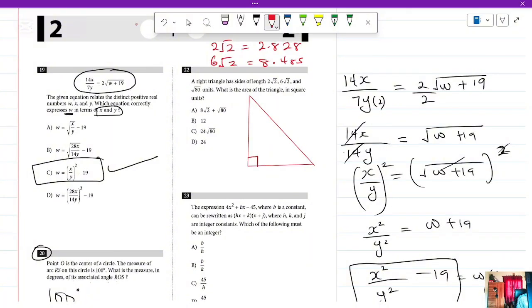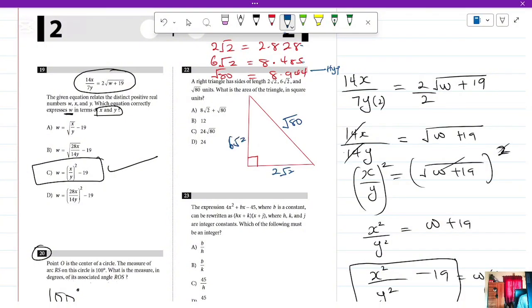If you find the square root of 80, it will give you 8.944. So meaning that this is our hypotenuse, while these others can be the opposite or the adjacent. So we have root 80 here, then I can put 6 root 2 here, and I can put 2 root 2 here.